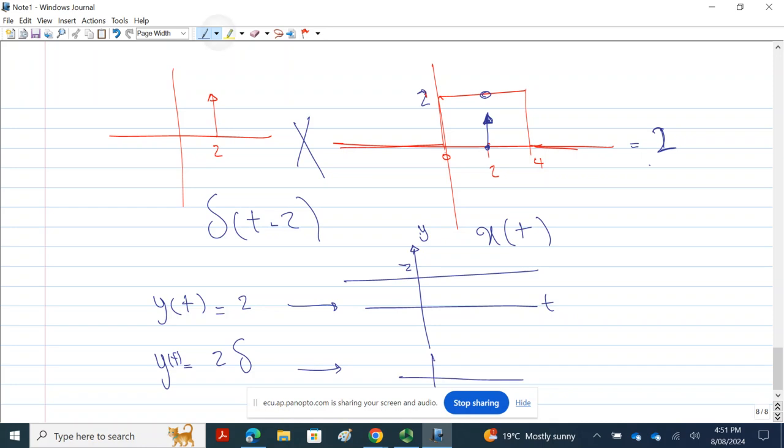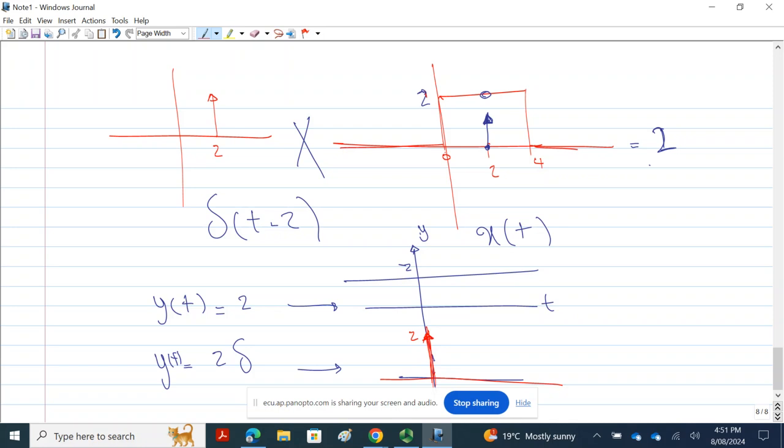Let me use another color. Oh, sorry, I said delta. If it's delta, it should sit here, right? That's 2 delta. So that's the difference.